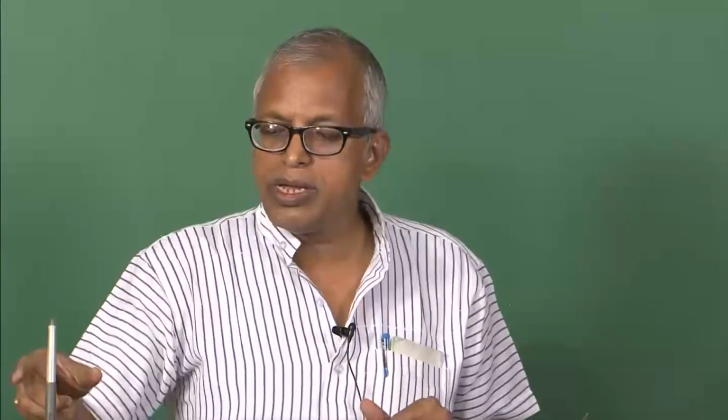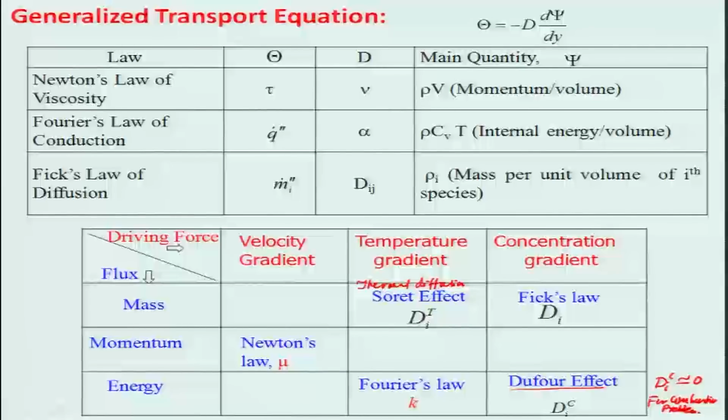So when we consider this effect, we have to consider the total mass diffusion of the i-th species due to two effects.